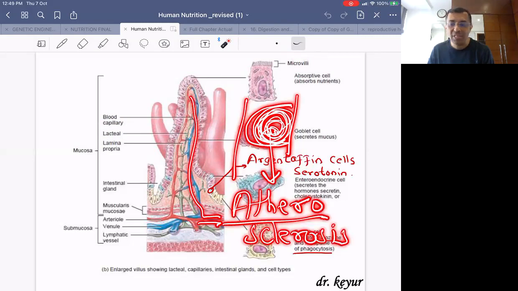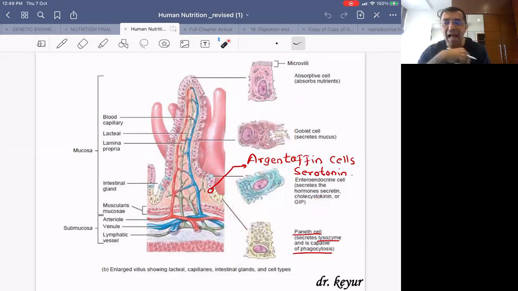Atheros, fats, sclerosis, hardening. So hardening of blood vessels due to fat deposition, एथीरोस्क्लेरोसिस हो सकता है, इसलिए फैट्स कभी भी ब्लड वेसल्स में एब्सॉर्ब नहीं होते हैं. Fats always go into lymphatics, into lymph vessels, which are called lacteals in case of the villi.